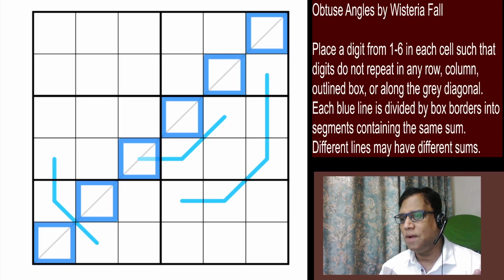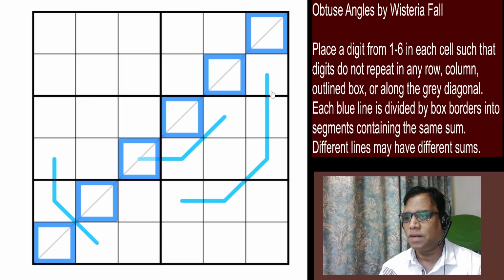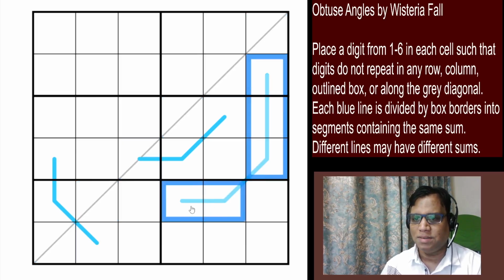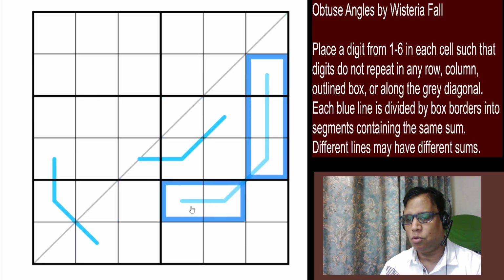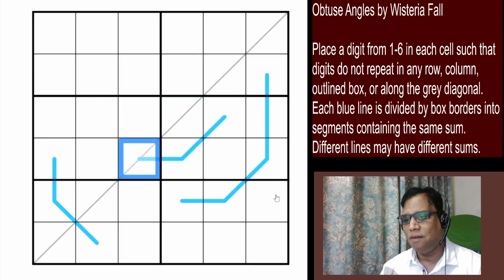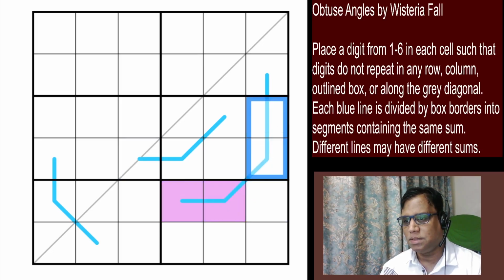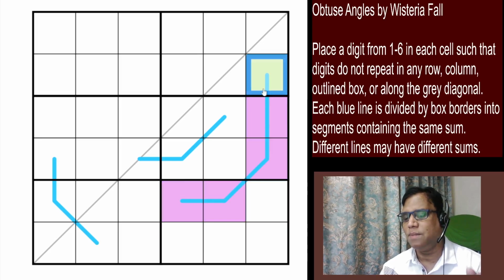Each blue line is divided by box borders into segments containing the same sum. Different lines may have different sums, right? So these are standard region sum lines. What that means is that when the lines enter different boxes, they will have the same sum. That means the sum of these two digits must be the same as the sum of these two digits, must be the same as this sum.